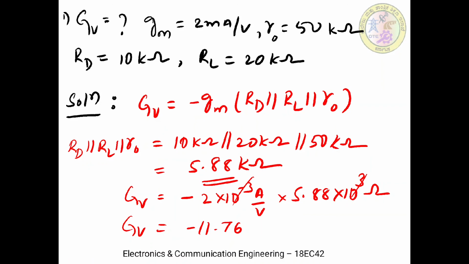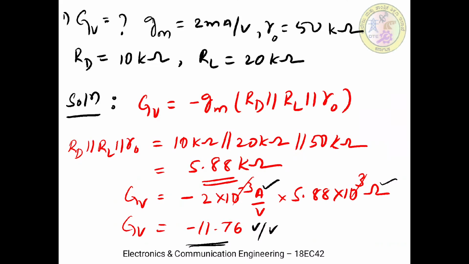Now what is the unit? In the numerator we have amperes into ohms, that is nothing but volt. In the denominator there is volt. So GV is minus 11.76 V by V.